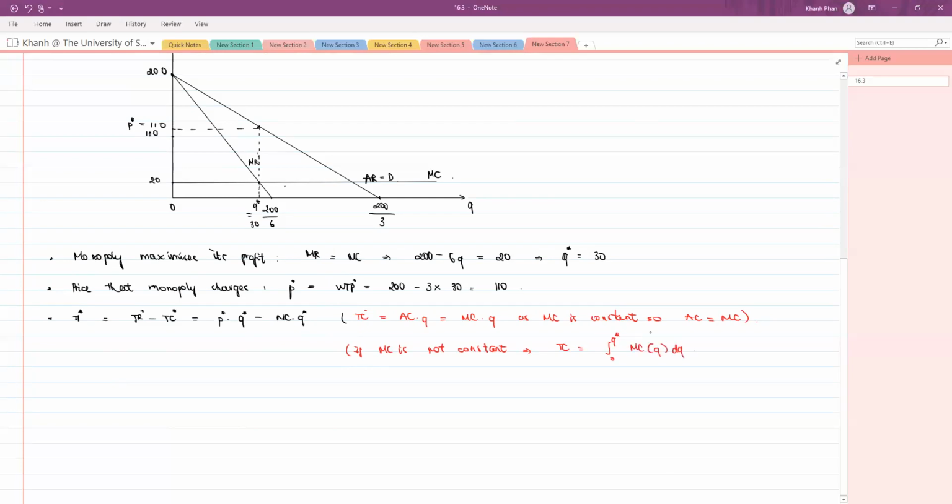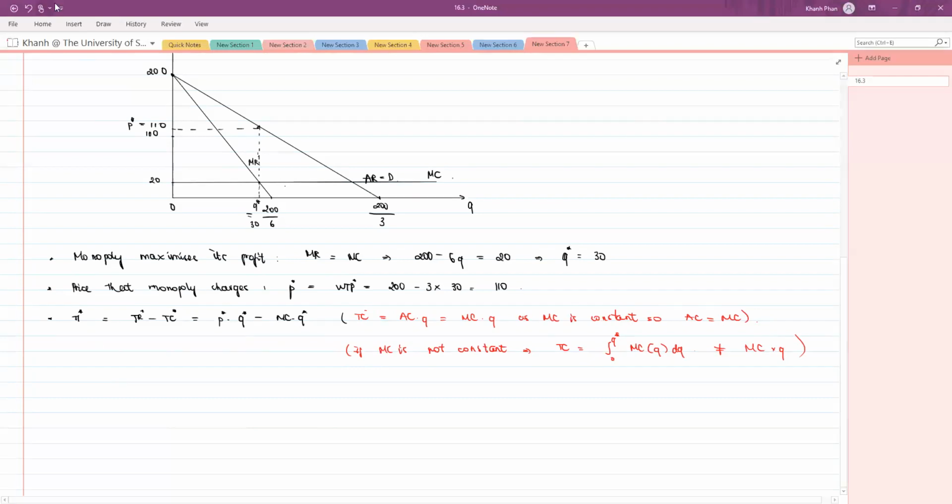It's just the area under the marginal cost, so it's different from marginal cost times Q. It's not the same, so you can't use this formula to find the total cost. You will have to use this formula over here.